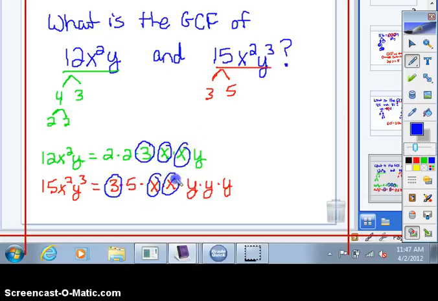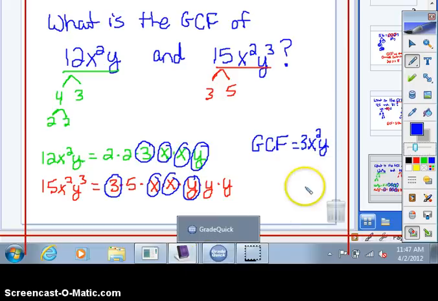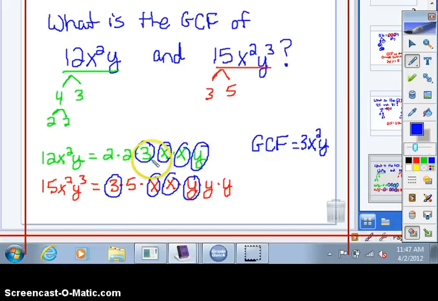Okay. And 1 y. So my GCF is 3x squared y. Because 3 is the only thing they share. And then x, there are 2 x's that they share, and they share a y. Both of them have 1 y. So your greatest common factor is the greatest number of variables they share.